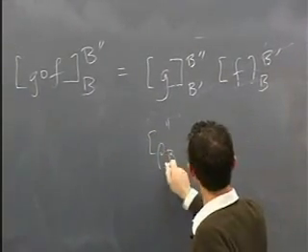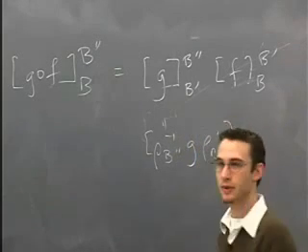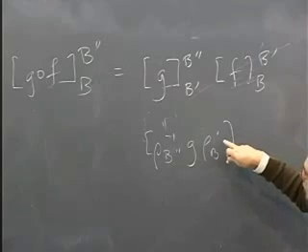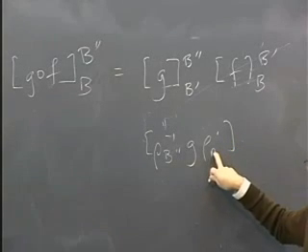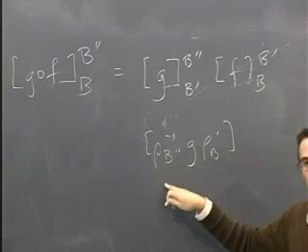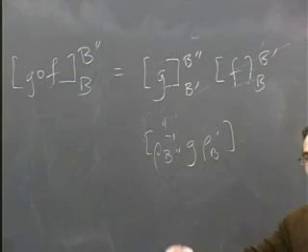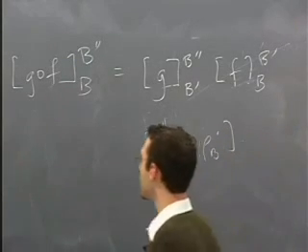This is rho B double prime inverse G rho B prime. This thing goes from the canonical vector space of the dimension of V prime to the canonical vector space of the dimension of V double prime, and we know how to write matrices for that. Is that clear? Cool. Okay.